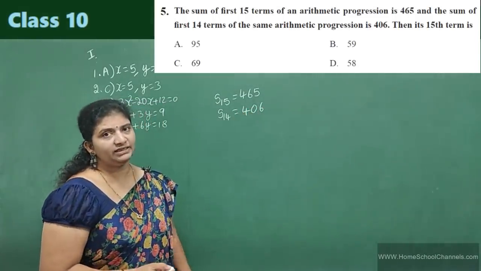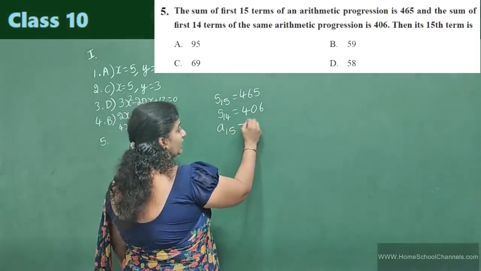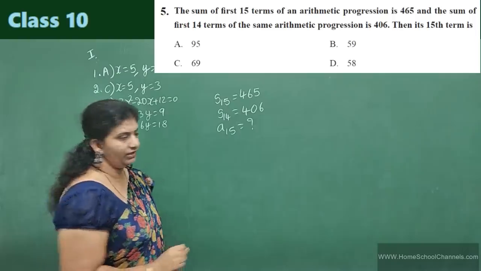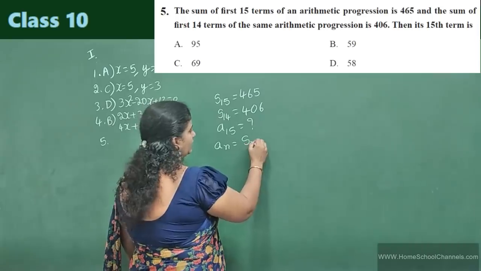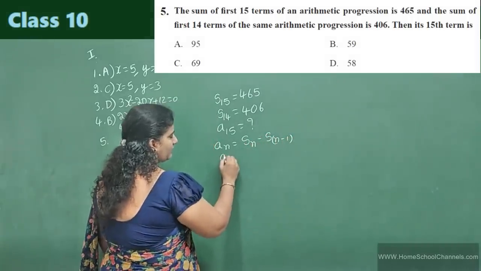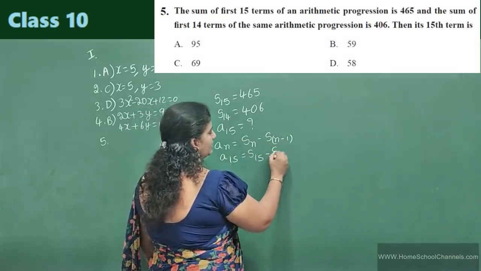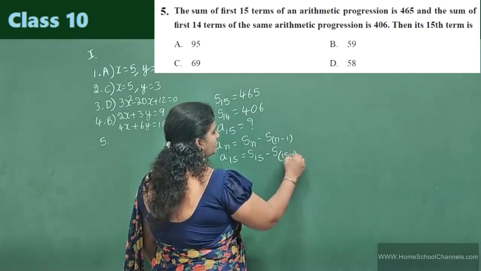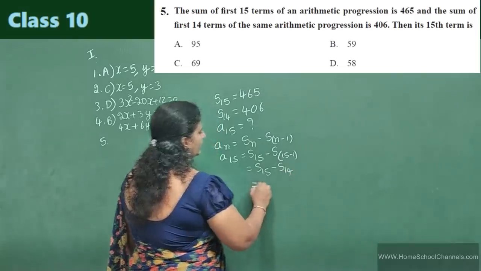Then its 15th term is, you need to find the 15th term. That means a15. Here remember the formula, an is equal to Sn minus Sn minus 1. That means n value is 15. S15 minus S15 minus 1, that will be S15 minus S14.